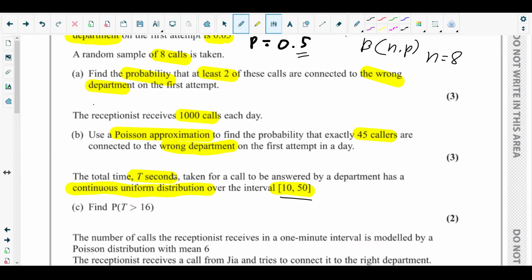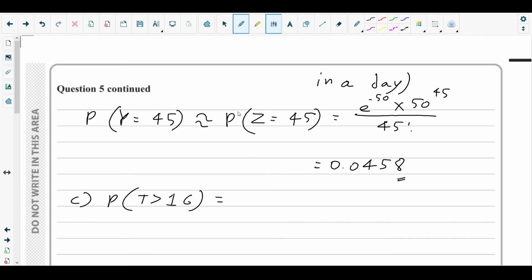Since t is distributed from 10 to 50, how can you find the probability in a continuous uniform distribution? It is the upper limit minus the value, that is 16, since t is greater than 16, so we need above 16. So 50 minus 16 over the interval, the range, 50 minus 10.